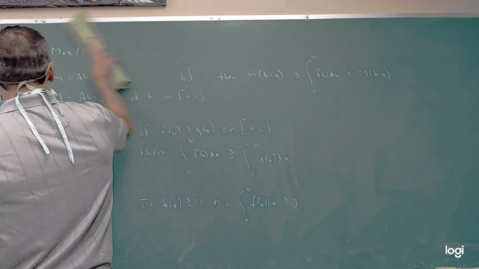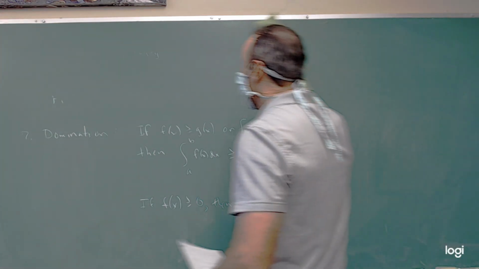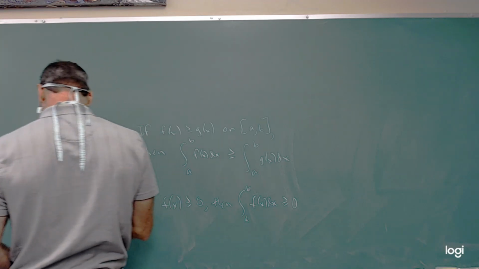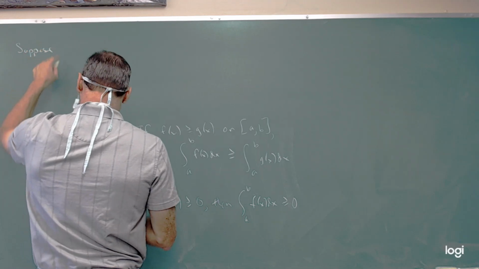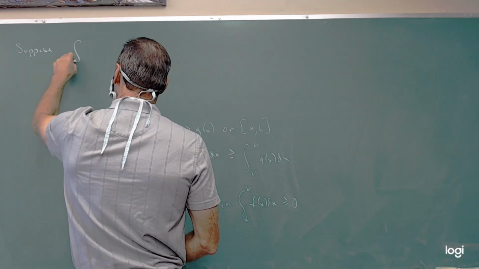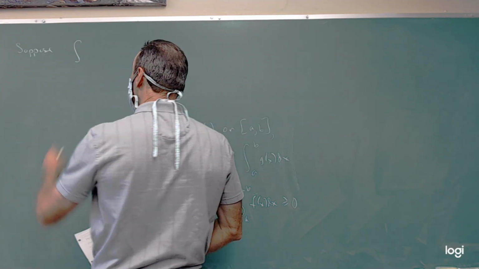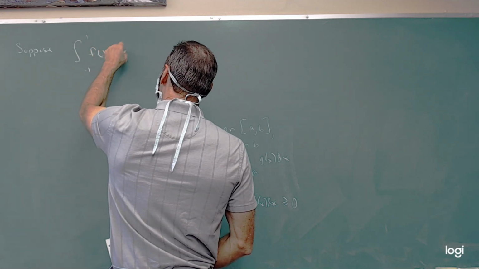So we can play little games to make you use some of these relationships. So suppose that the integral from -1 to 1 of f of x is 5.